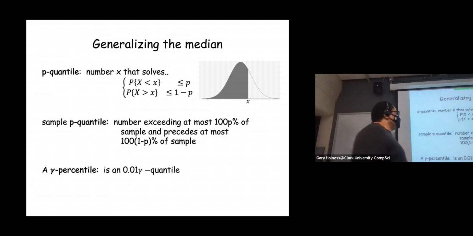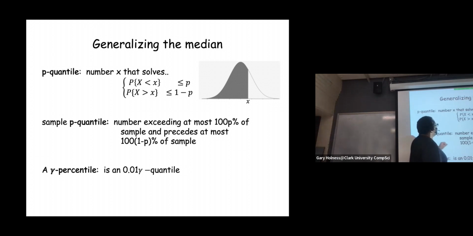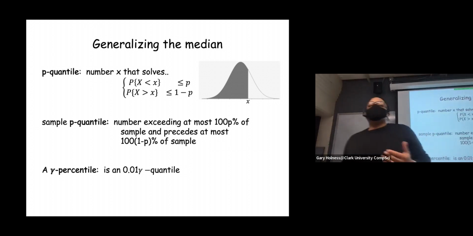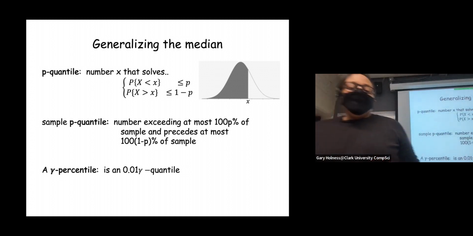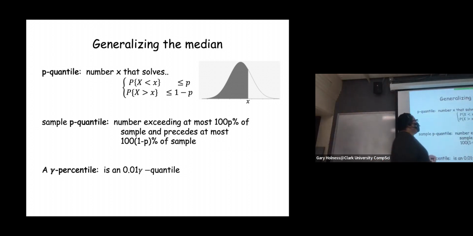And conversely, if we look at it notationally, the probability of X, big X, that's a random variable, being less than little x, that's a value, is a concise way of saying the area under the probability curve. Likewise, we can characterize those values that exceed as the probability of random variable X greater than value x.